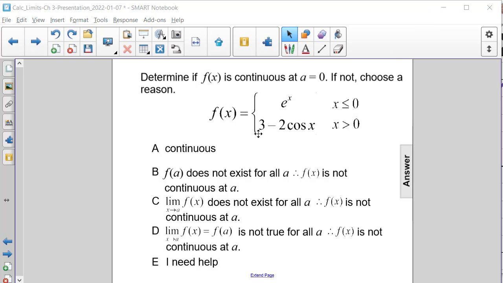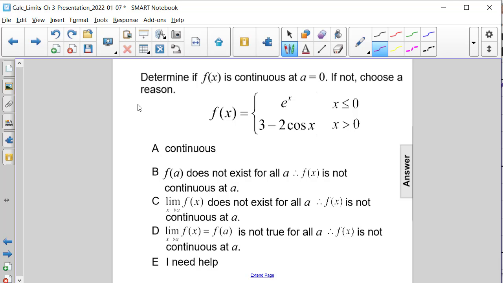So let's examine our piecewise function and go through all the criteria to determine whether or not this function is continuous. The first piece is, does f of a exist? Well, we can look at our domain values here, and we can see that f of a does exist for all a values within this domain.